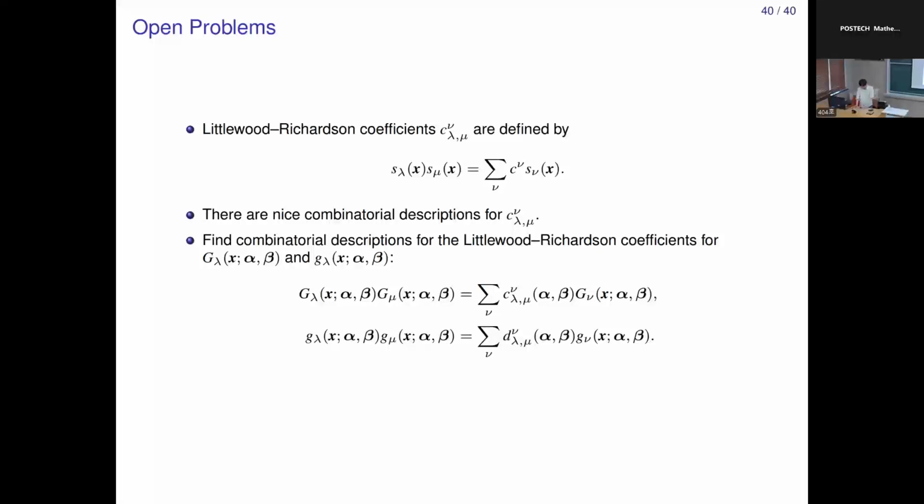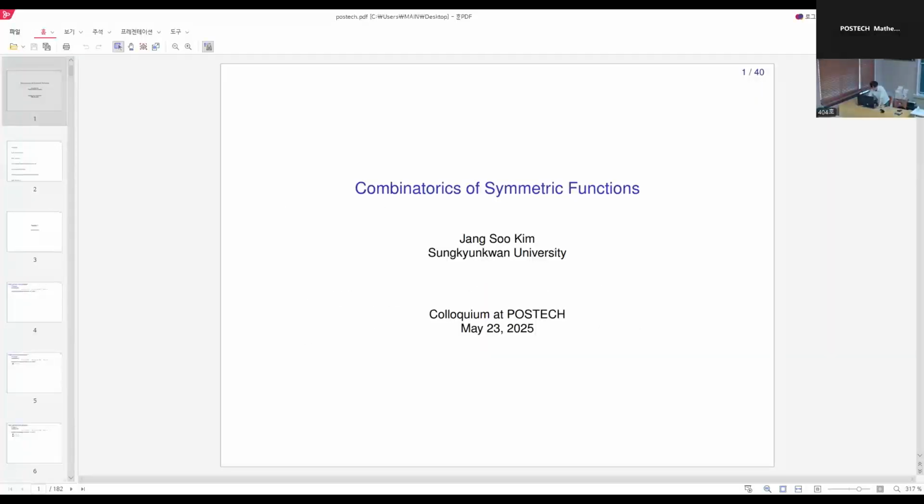So I have a few questions. These Littlewood-Richardson coefficients that you talked about at the end, you're working in the permutation, so lambda is a permutation.